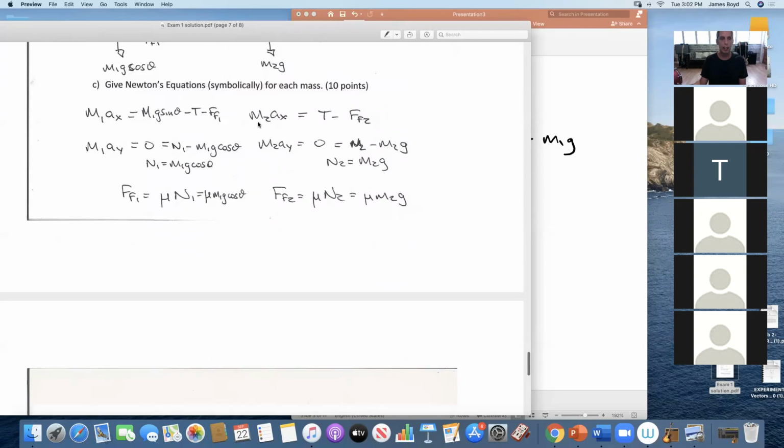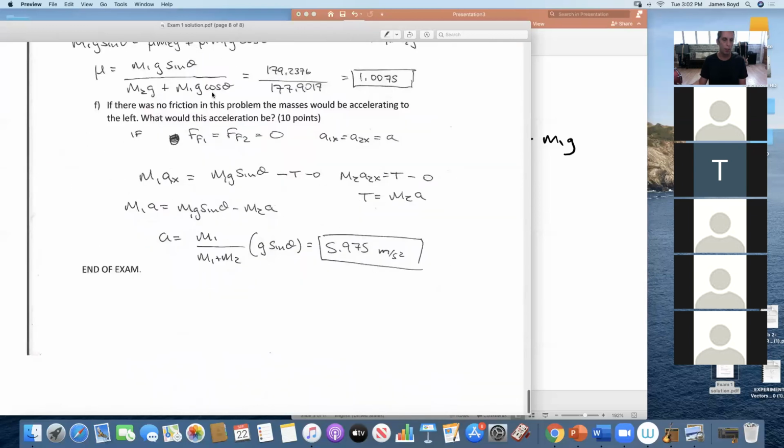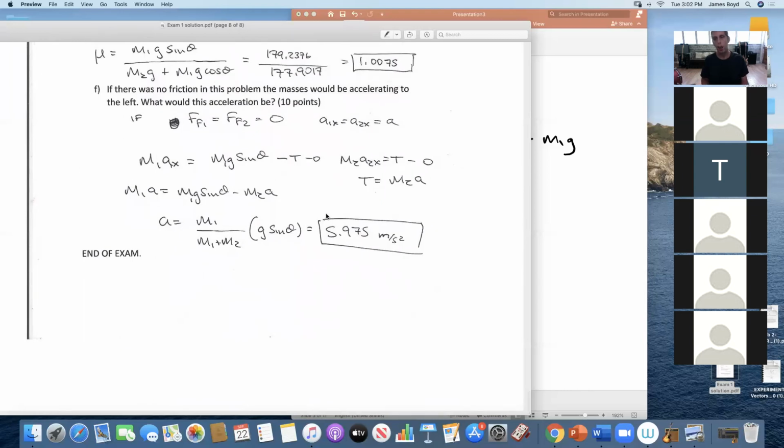And you know that T is m2 a, plug that in here, move it over, and you get that a is m1 g sine theta divided by m1 plus m2. And that's all done here. So usually at the end, if they change something in the problem, usually you can just go back and modify your equations.